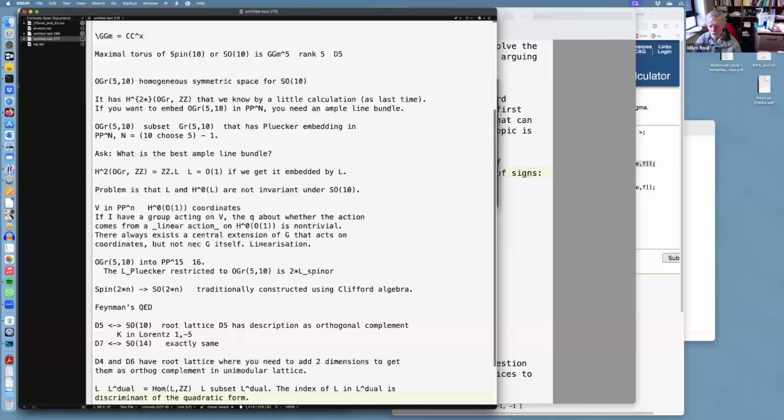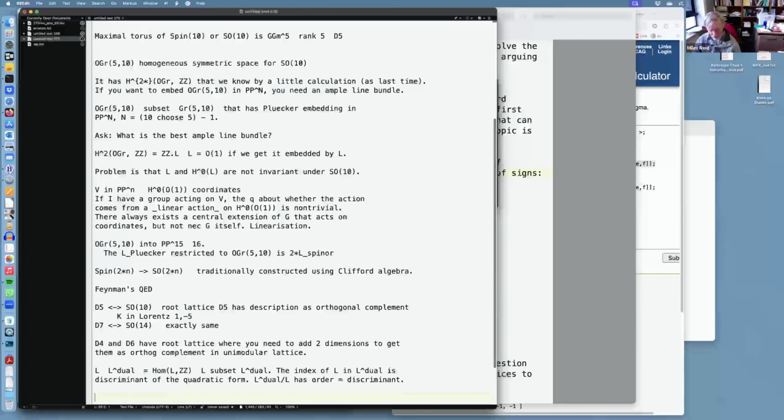L dual divided by L is a finite abelian group, whose cardinality is equal to the discriminant.